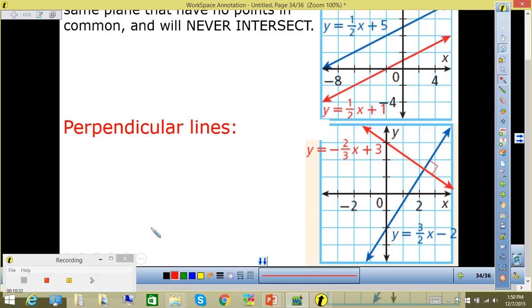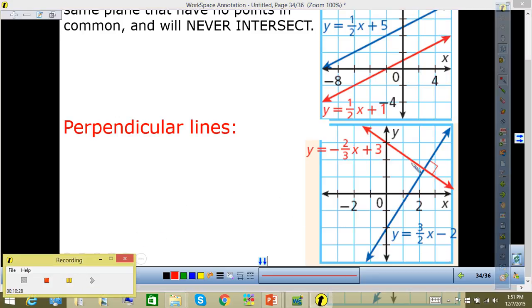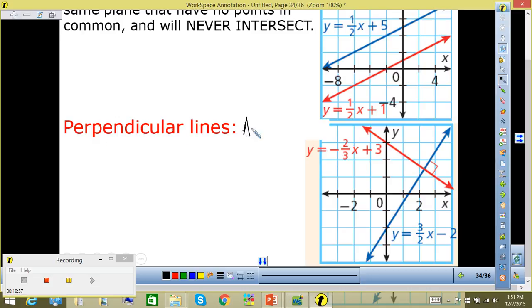Talk it over with your neighbors, please. I'm going to get you guys started with the definition. So you're going to write: perpendicular lines are equations that have.